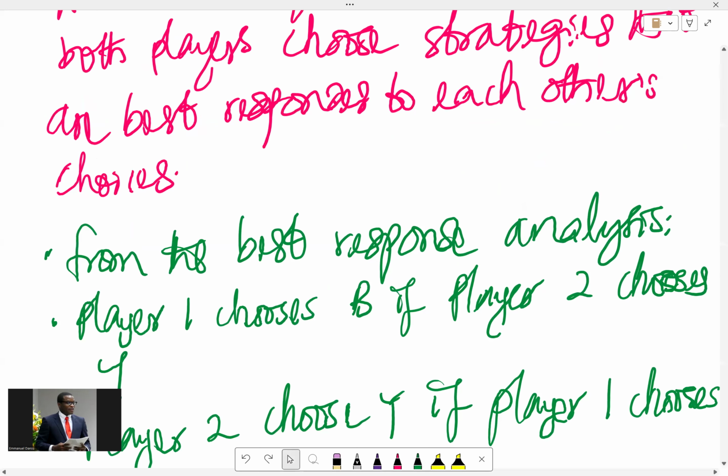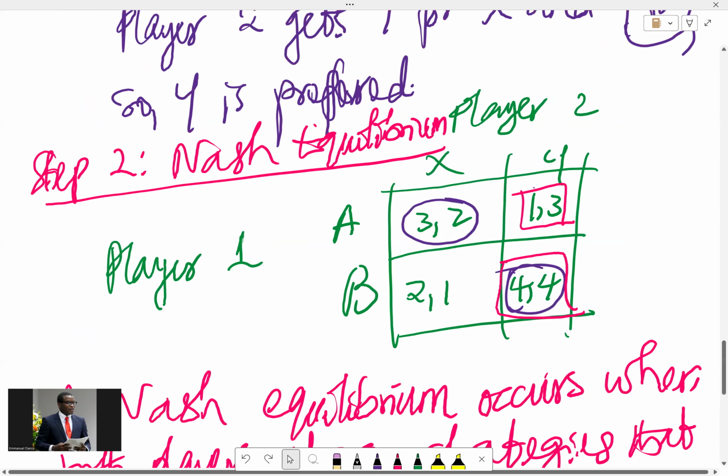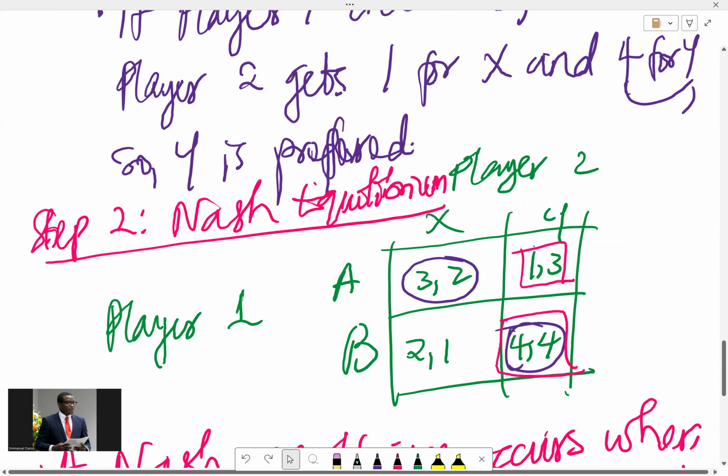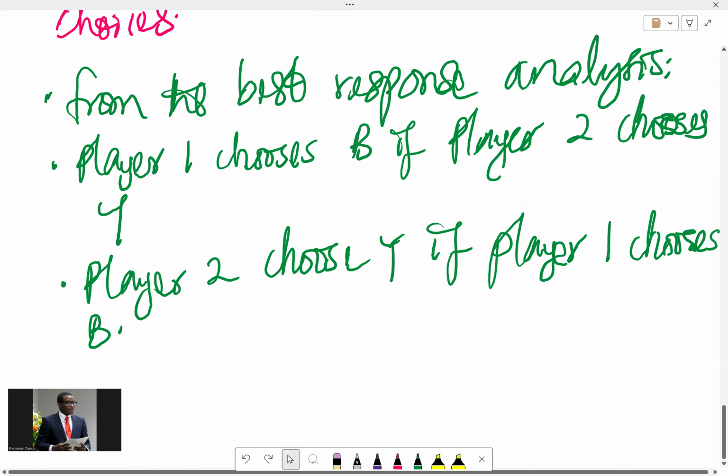So if player one chooses B, player two chooses Y. If player two chooses Y, player one chooses B. So that is exactly our Nash equilibrium.